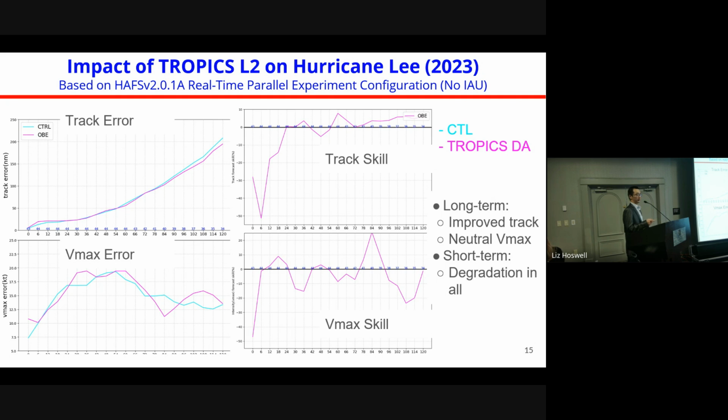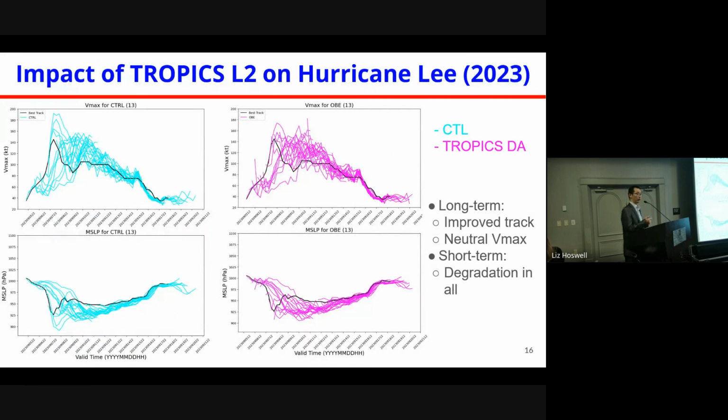But the most severe issue is in the short term. There was a degradation for almost all metrics. So what happened? Next slide, please. If we look at the individual cycle predictions, first of all, we noticed that there are strong biases for the intensifying cycles and weak biases for the early cycles in the control, which were much more improved in the magenta line on the DA, in the right column here.